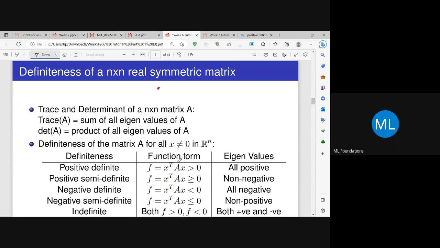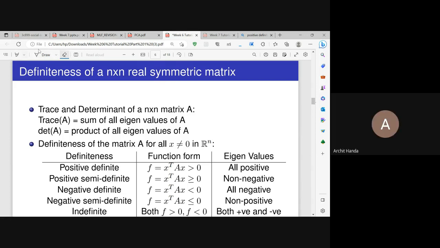If it is greater than 0, then the function is positive definite. But that is very difficult to check, since you need to check all the values of X. So it is better to go with the eigenvalues method.